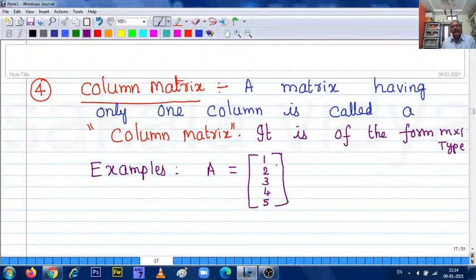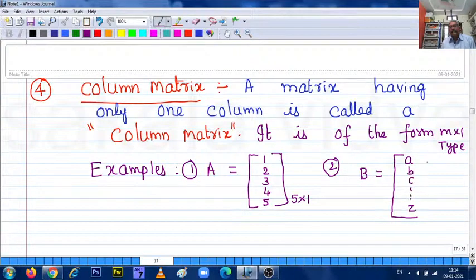That means 5 rows and 1 column. Second, B: A, B, C, and so on up to Z. Total there are 26 rows and 1 column, so 26 by 1.